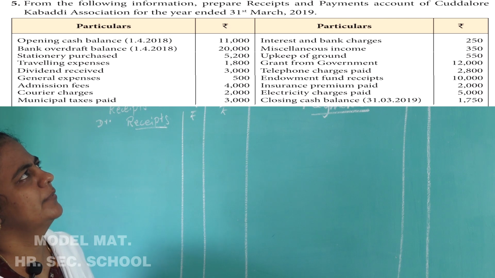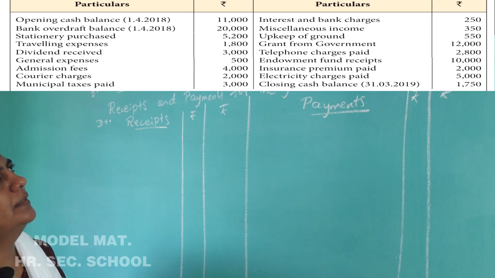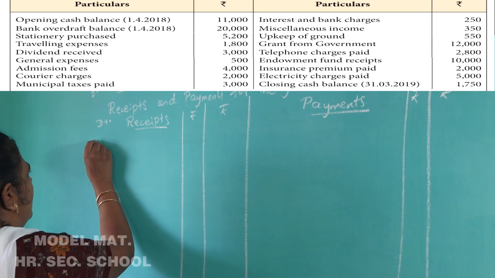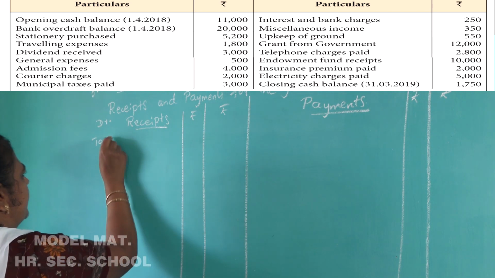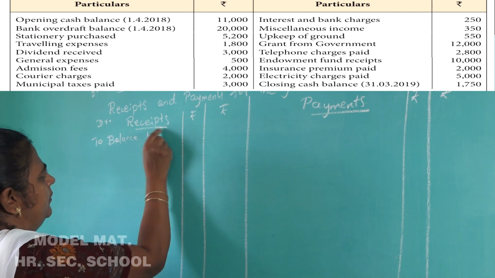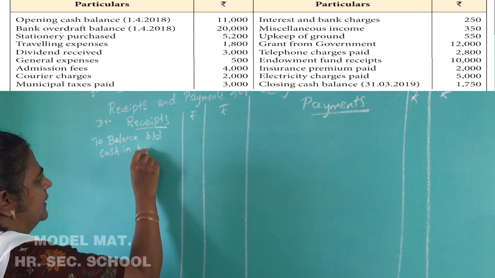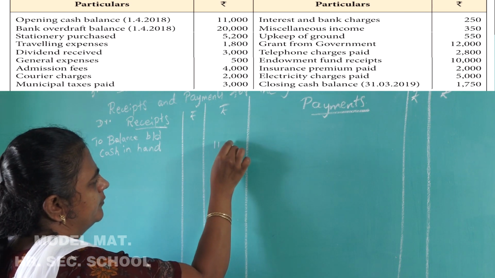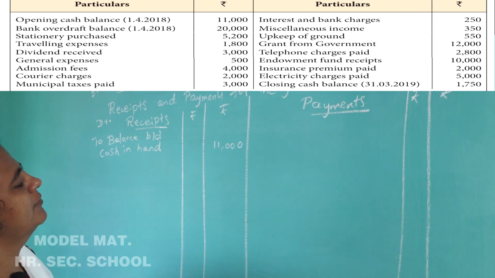Okay. Now look to the question. What is the first item given there? Opening cash balance, that is 11,000. Opening cash balance you have to write on the debit side. So you have to write like this: to balance brought down, cash in hand, that is 11,000. Bank overdraft balance on 1/4/2018, that is 20,000.